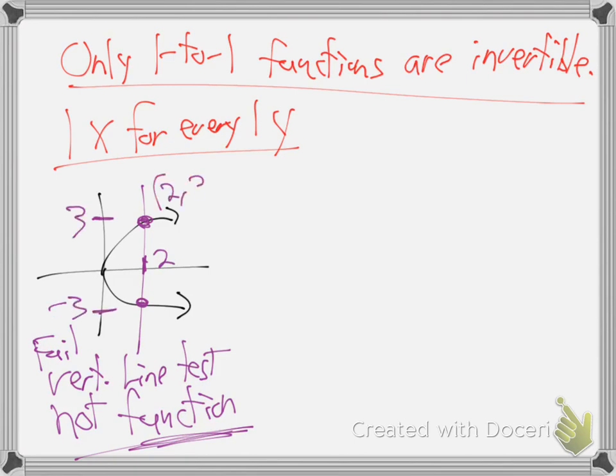So that's the point over 2 up 3, and the point over 2 down 3. See how those are the same x value of 2 going with 2 different y values? So that's not one-to-one, is it? That's why we have the vertical line test: if a perfectly vertical line ever hits 2 points, that's the same x value at 2 different heights, 2 different y values. So that's not one-to-one, that's not a function.